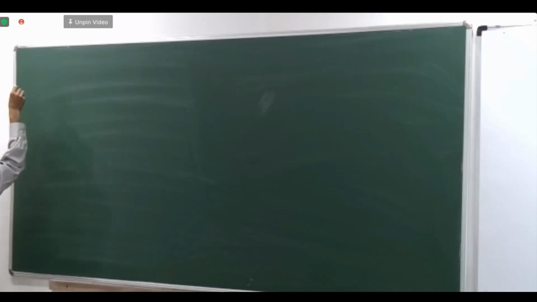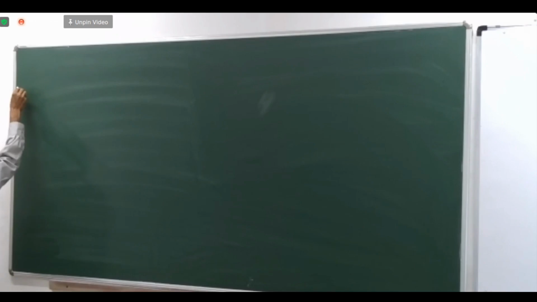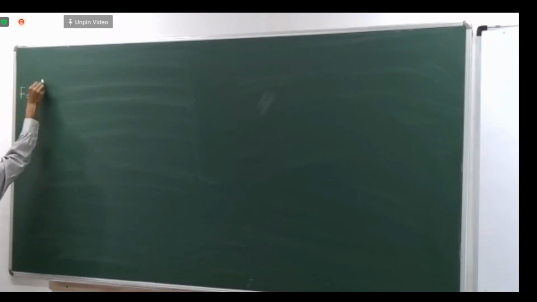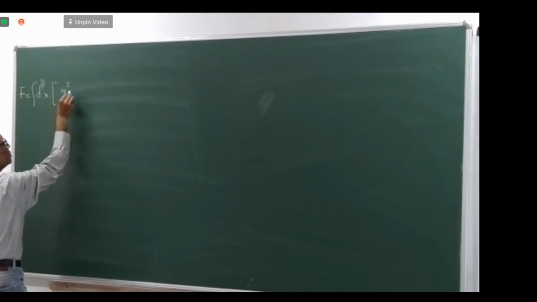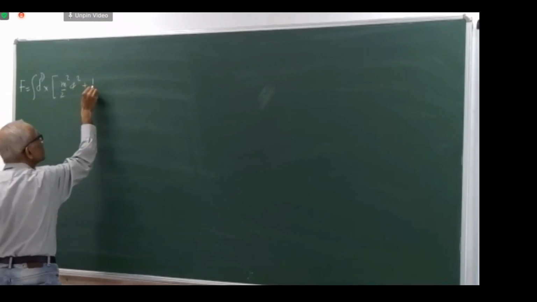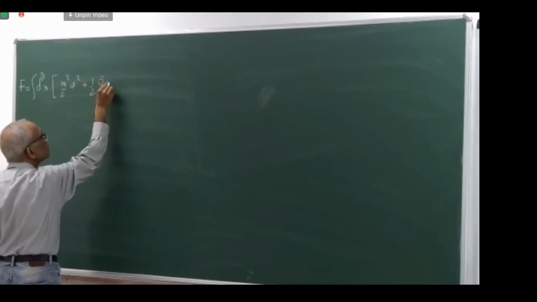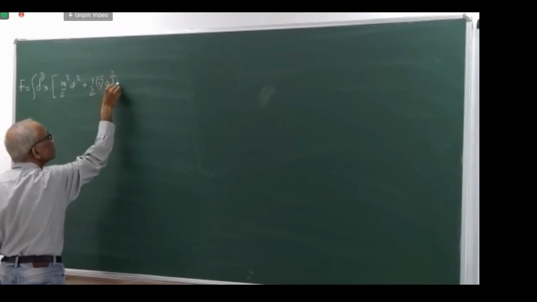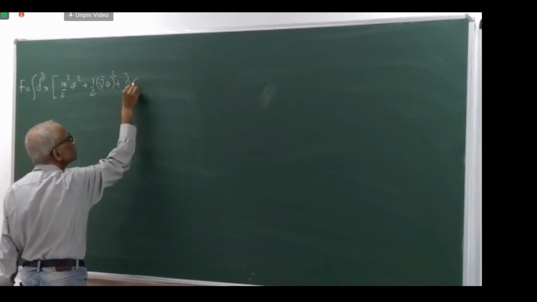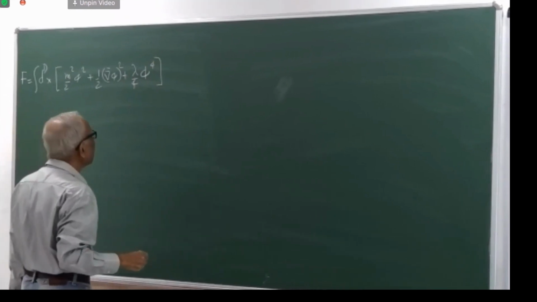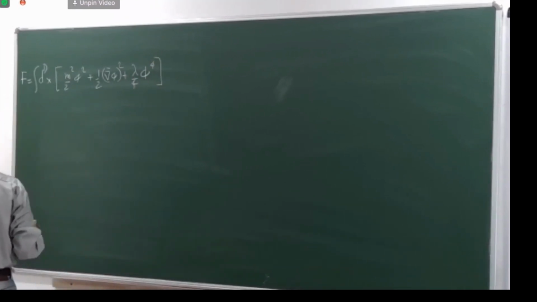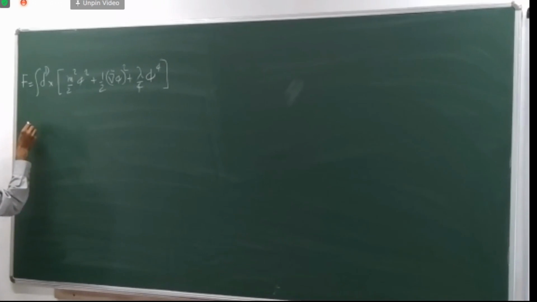Perturbation theory for the free energy, when the free energy functional is the integral d^dx of m squared by 2 phi squared plus half grad phi squared plus lambda over 4 phi to the fourth.